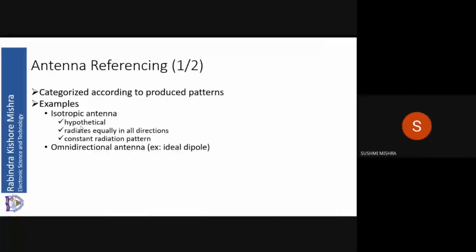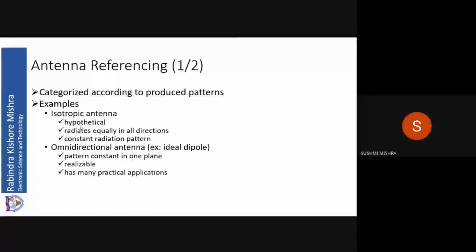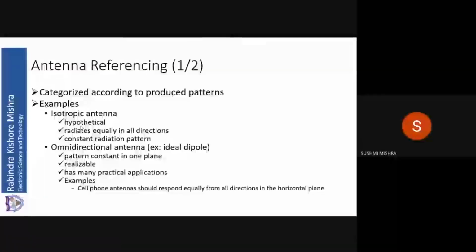Omnidirectional antenna: the ideal dipole is an example of an omnidirectional antenna. The pattern is constant in one plane. It is realizable, not hypothetical, and has many practical applications because it is realizable. One of the applications is your mobile phone or cell phone antennas.